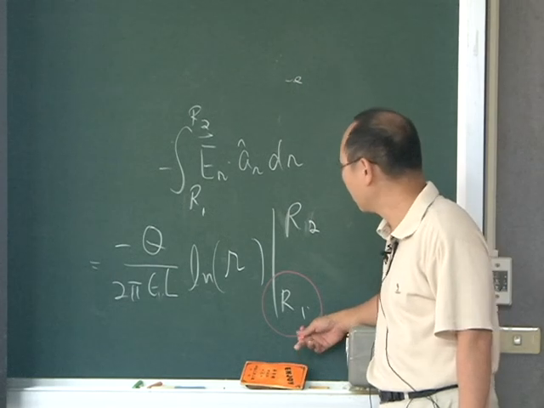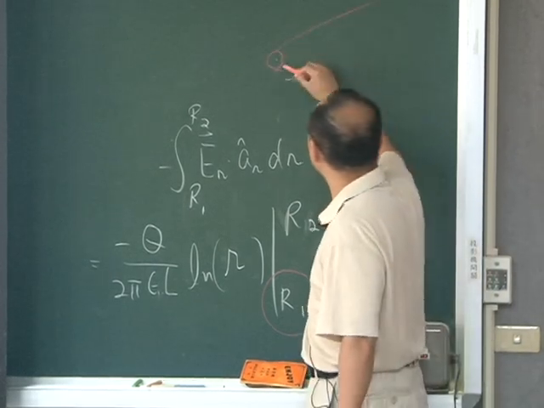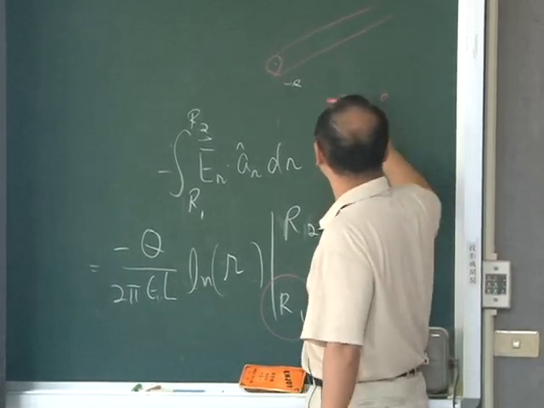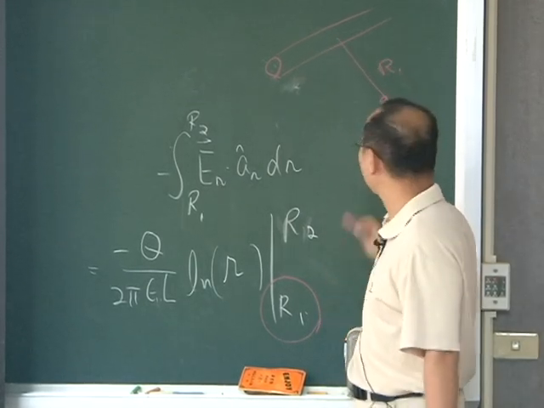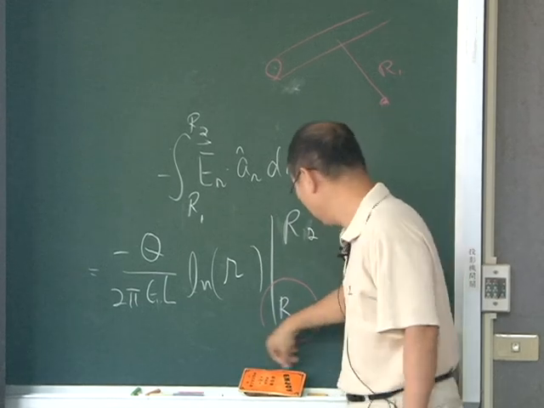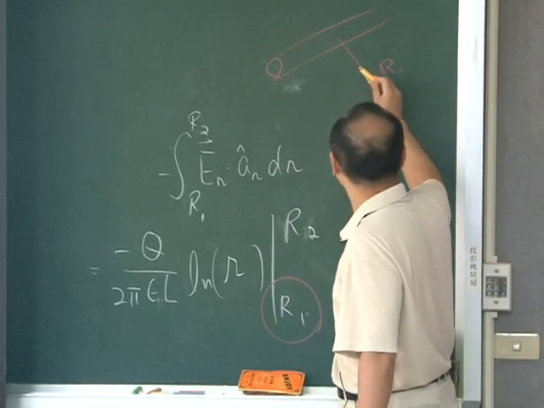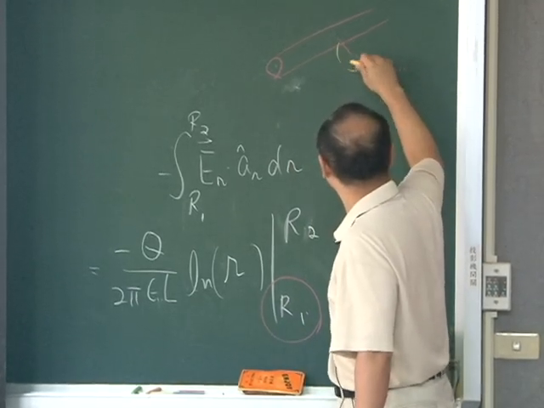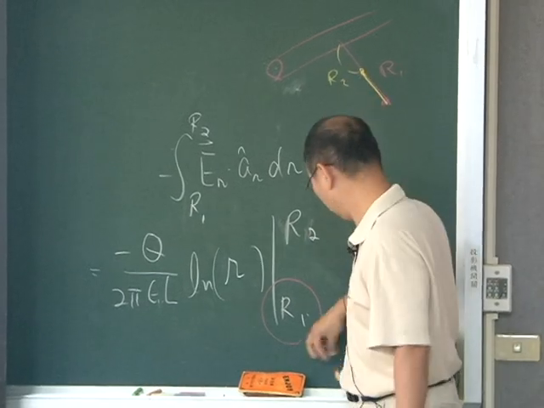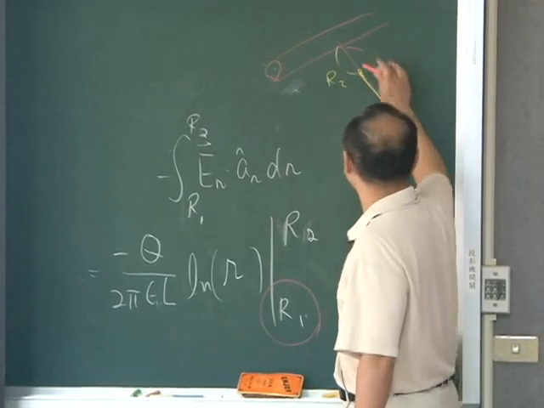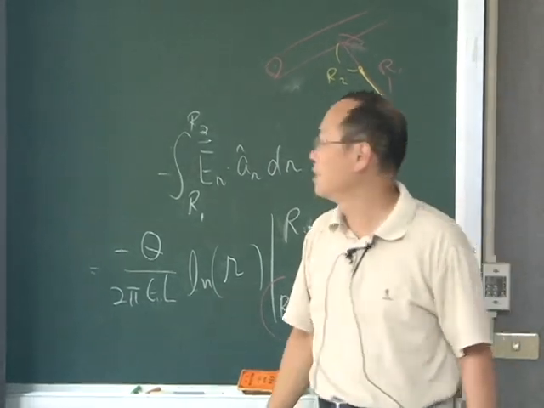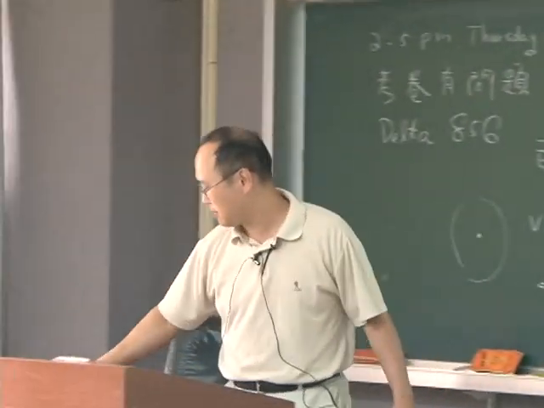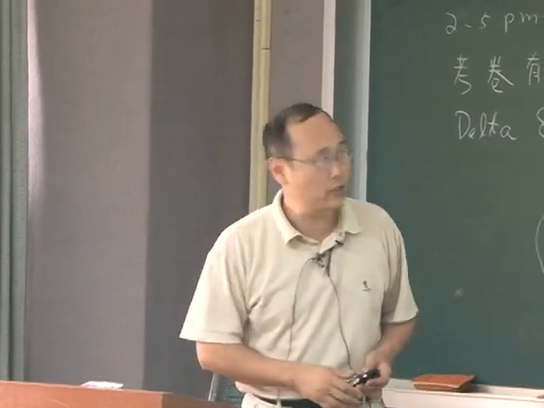Okay, now you have some cable, and your reference location is at R1, and then you simply take this charge to somewhere. This is R2. This is R1. Okay, so with this calculation, you have the result.